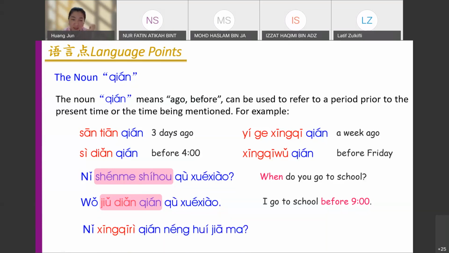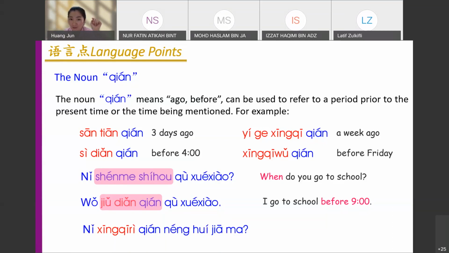Then continue. 你星期日前能回家吗？Follow me. Make sure you do all the translation by yourself. Step 1, tell me the question word in the sentence. Which one is the question word?